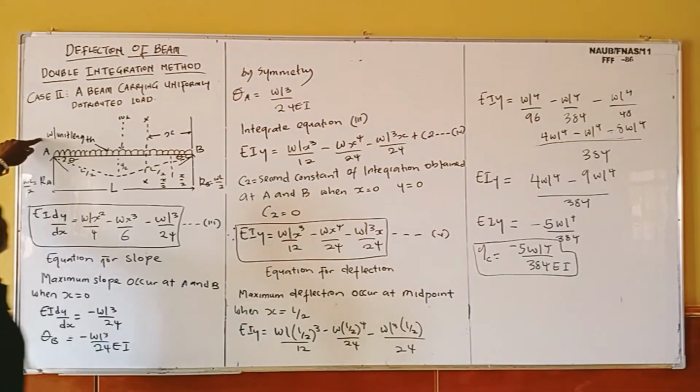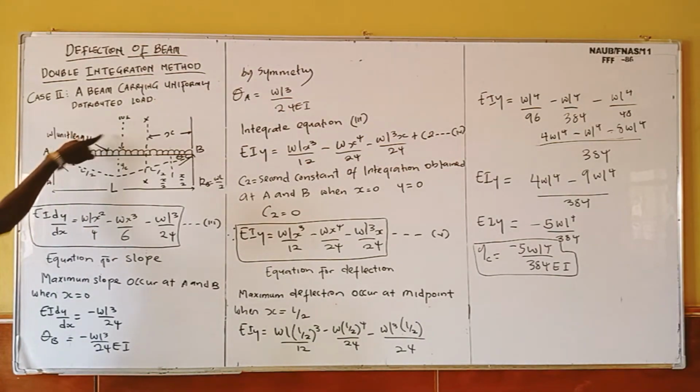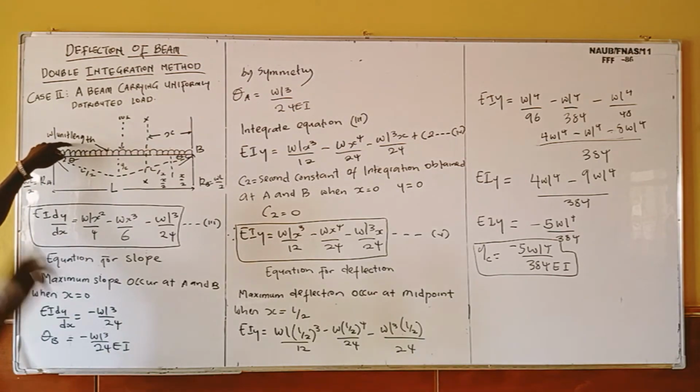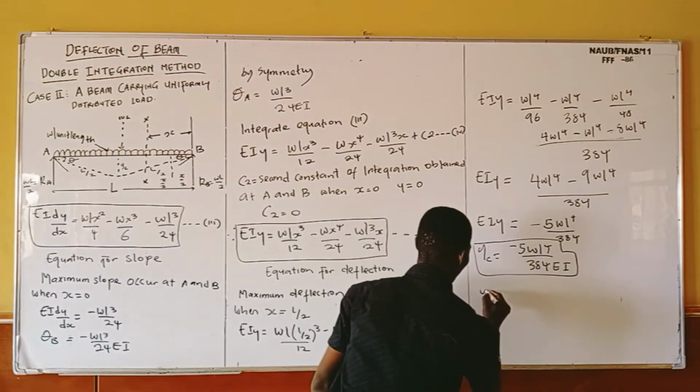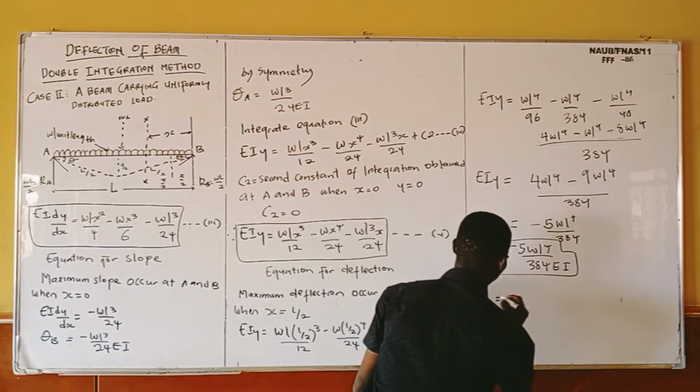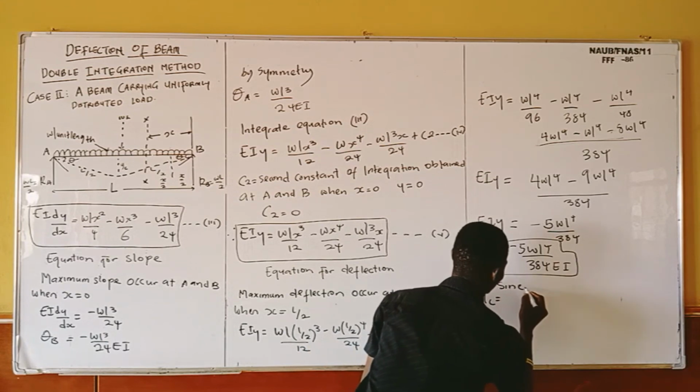But look at this diagram. Don't forget that our weight is per unit length. If we convert it to a point load, capital W is the total weight acting.